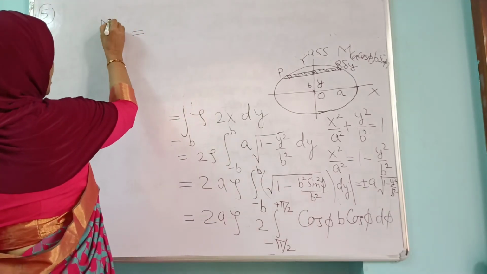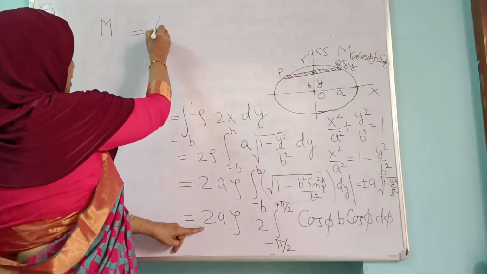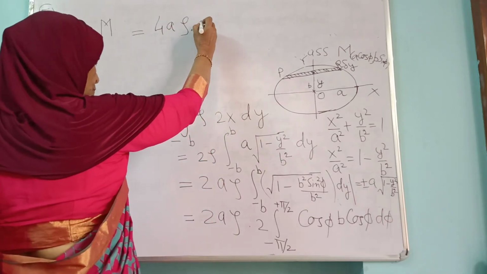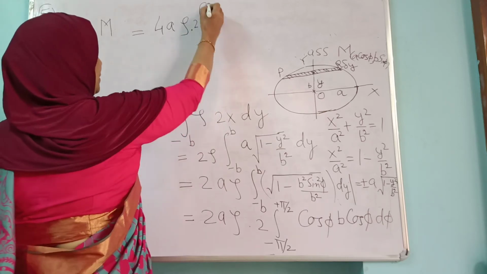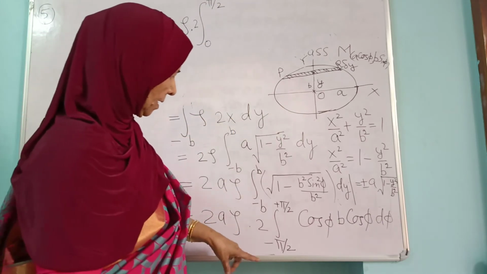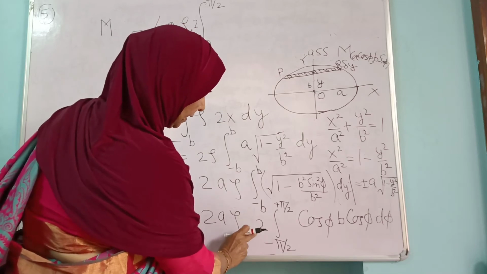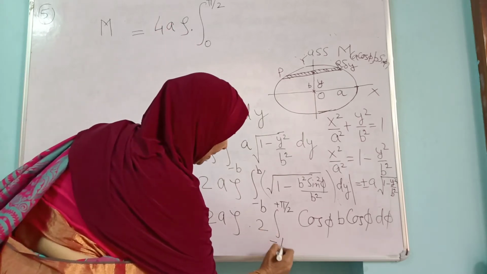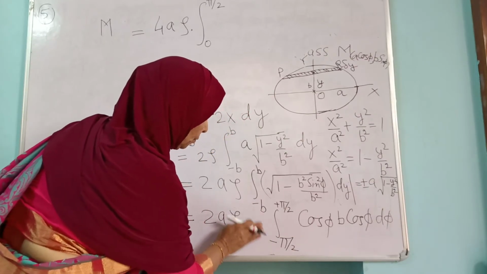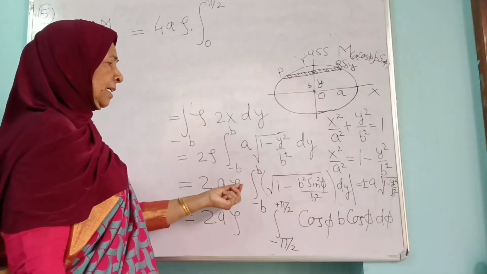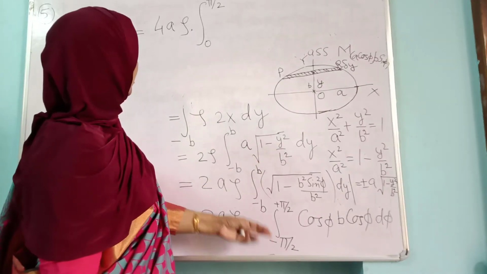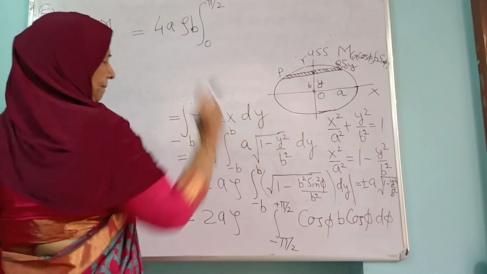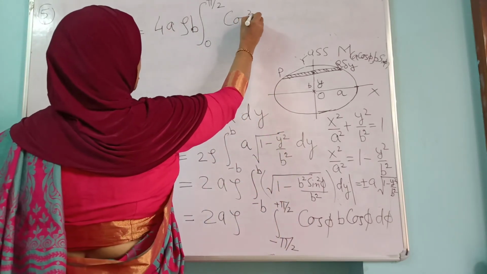It will be equivalent to 4a rho, and then, no, this we have already written 2, so no more 2, minus pi by 2 to plus pi by 2 without this 2, because we have taken minus b to b, and then 2 times 0 to pi by 2, and then b can also be taken outside, cos square phi d phi.